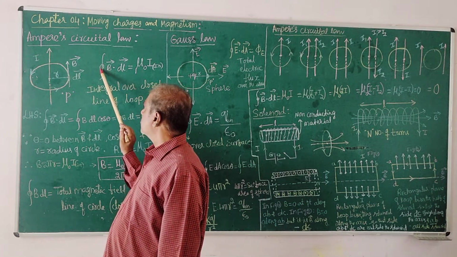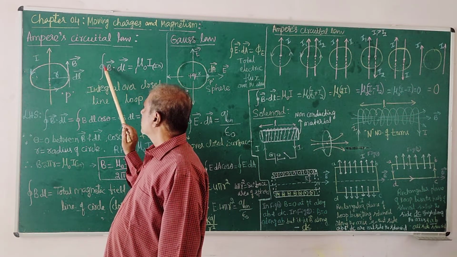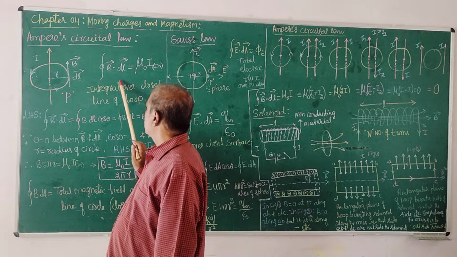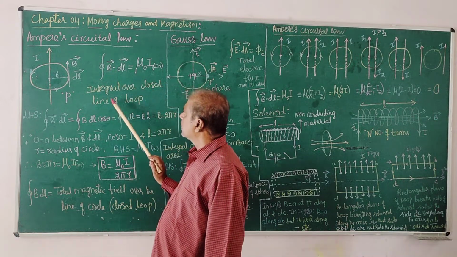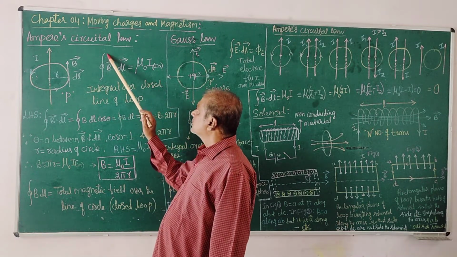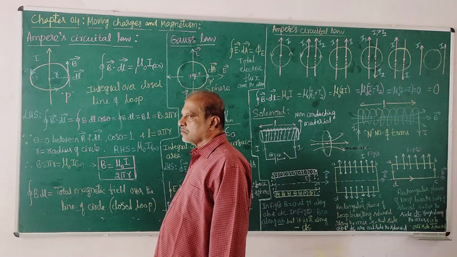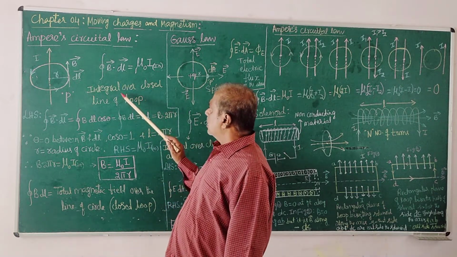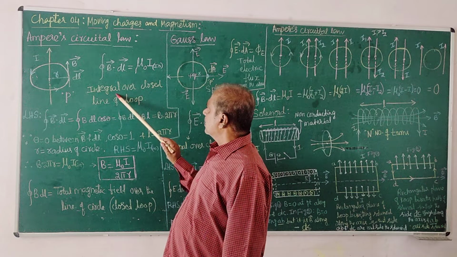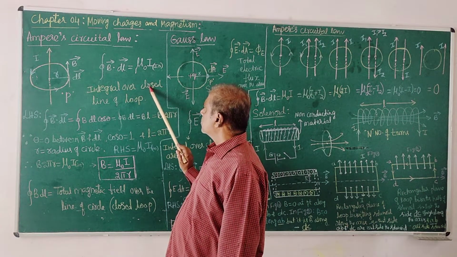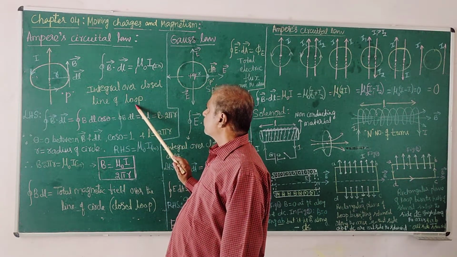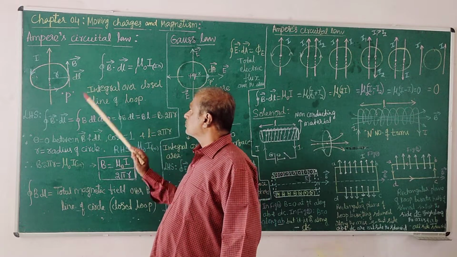So this is a closed loop. Total integration over the closed line of loop. This integral sign represents the total, integral over the closed loop, the entire line, this symbol.